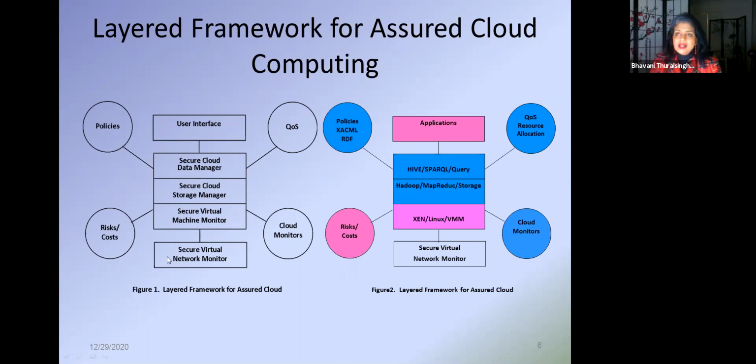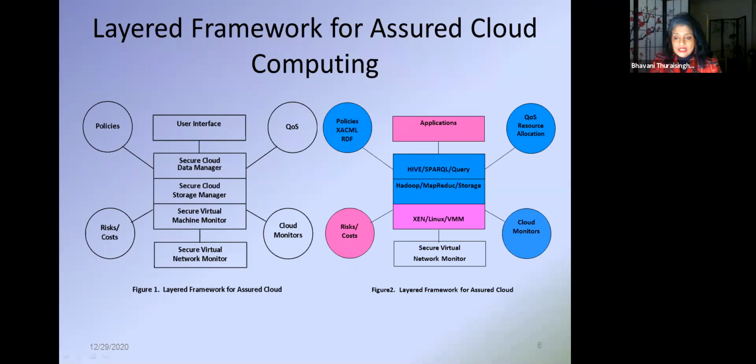We said that there is a virtual network which is secure that's provided for us. So we focused on the virtual machine monitor, which is the hypervisor, and then the cloud storage manager, the cloud data manager, and the user interface and applications. And then our application was information sharing.